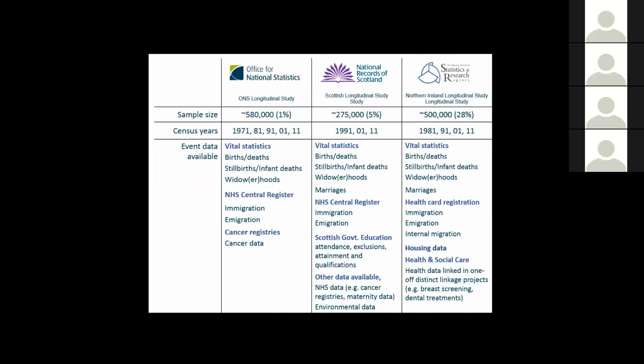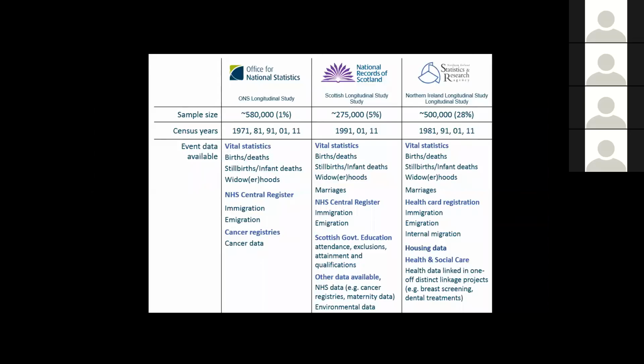So in England and Wales, the longitudinal study has a sample size of around 580,000, which is around 1% of the population. Whereas Northern Ireland has a similar sample size, but clearly that comprises a much greater percentage of the population in Northern Ireland, 28%. And the time points that we have this data available to also varies. So the longest running is the ONS longitudinal study, for which we have data from 1971.